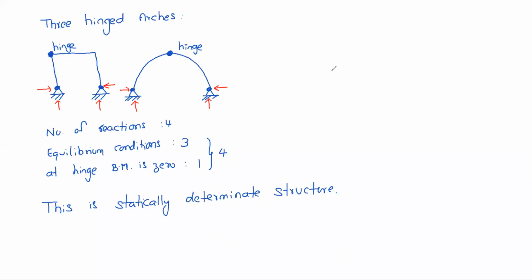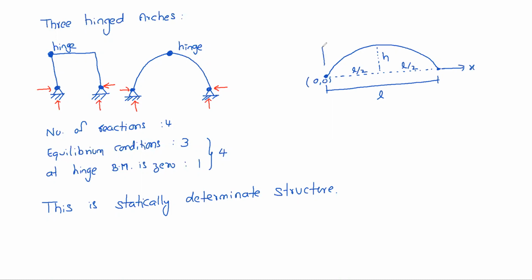Suppose in a parabola, the span is L and the central height is H. L by 2, L by 2. Central height H. Let us assume this is the origin. This is the X direction. Suppose this is the Y direction. Let us take any point on the arch, X, Y.